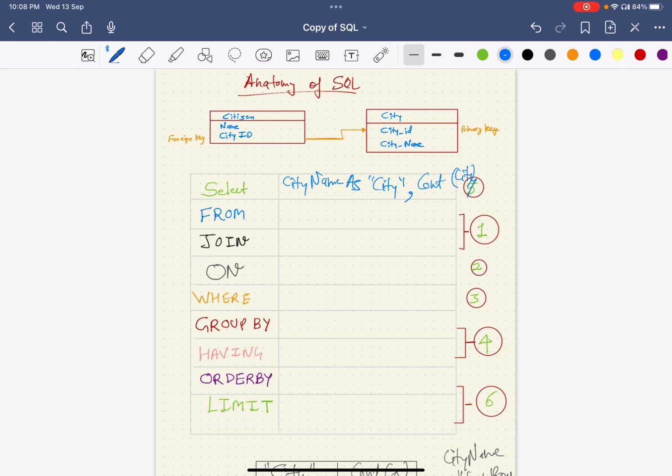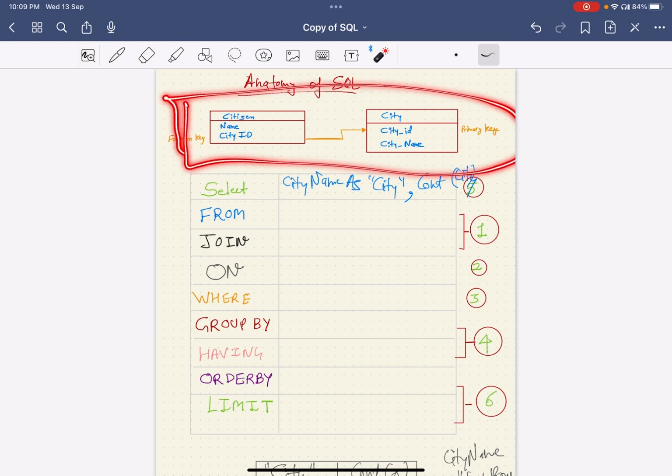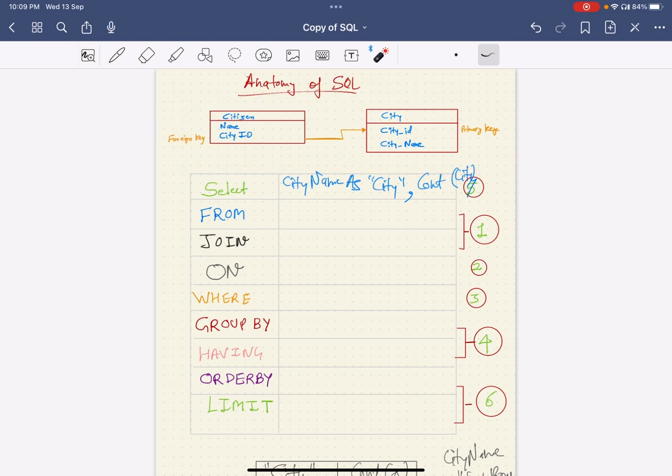And from where we will return, so we have the database as this, right? We have a relational database which has citizen and city tables. So we need to think about how we can have a join between the two tables.